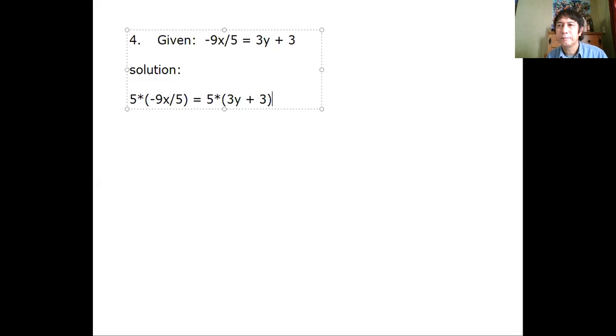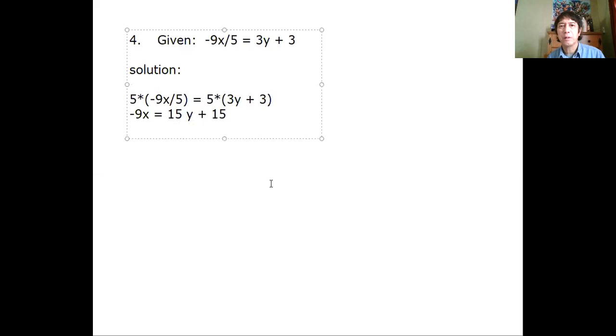There. And so this number 5 cancels out with this 5. And the left side will be just negative 9x. The right side becomes 5 times 3y, 15y. And 5 times 3, that's plus 15.